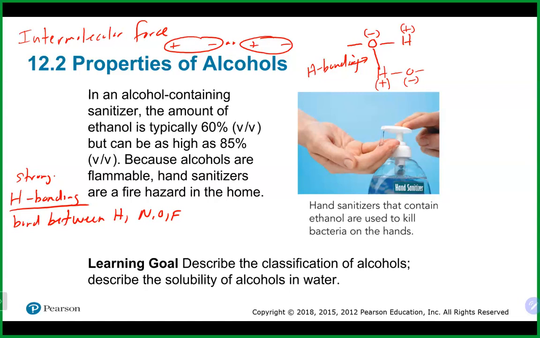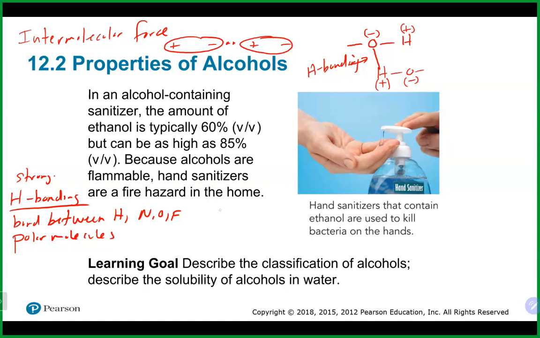If you look on the periodic table, nitrogen, oxygen, and fluorine are the most electronegative elements, which means you're going to get a really polar bond. You get that separation of charge where the hydrogen is more positive, and the nitrogen, oxygen, or fluorine is more negative. This typically happens with polar molecules that have the ability to hydrogen bond.